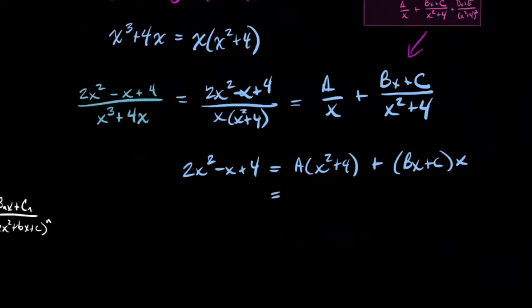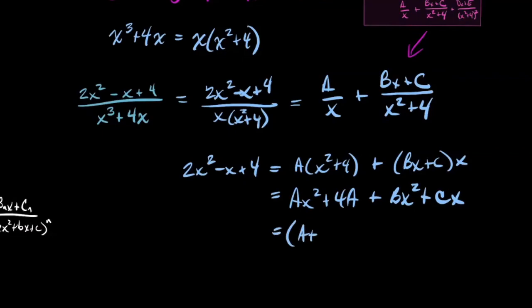So that would give us ax squared plus 4a plus bx squared plus cx. So if we group everything again, we're going to have a plus b attached to x squared. And what else do we have? Now we have cx plus 4a.